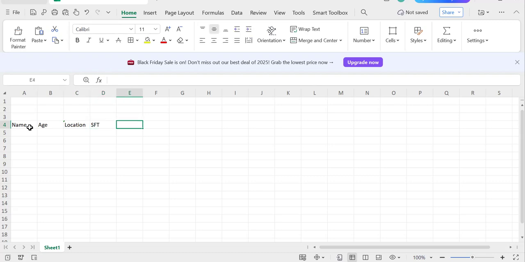Then we have shops as an attribute, then school as an attribute, and then metro, and then the price of the house.